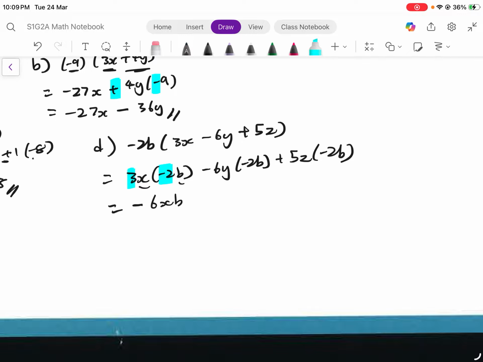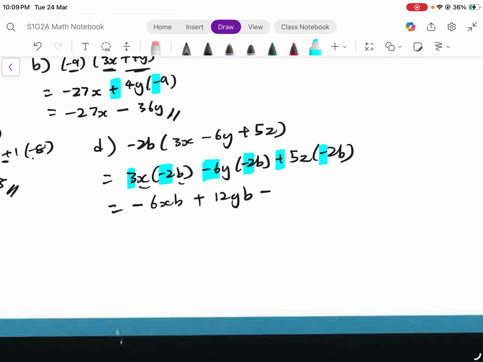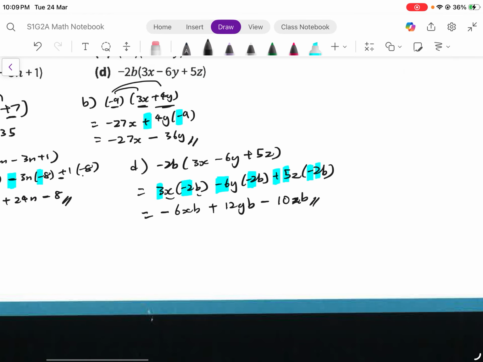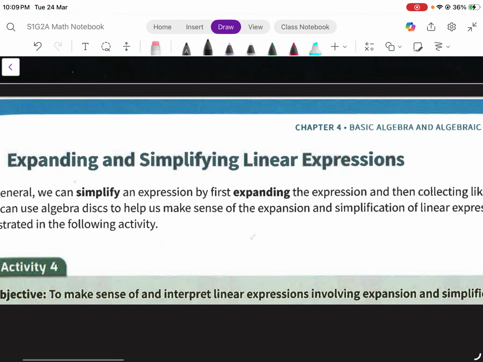Then we multiply minus 6 with minus 2. Okay, so minus minus plus, right? Then 6 times 2 is 12, yb. Then the next one will be plus and minus first, minus, then after that 2 and 5 to get 10, and we get zb. Okay, right, so quite straightforward. Hopefully you can follow. Okay, so let's move on.